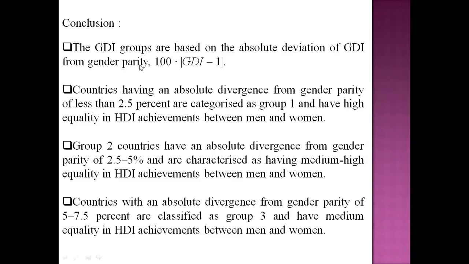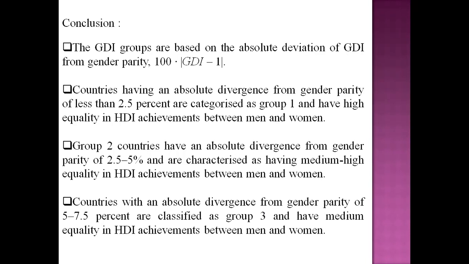Now we will see how to interpret this conclusion. As I already discussed, the GDI groups are based on the absolute deviation of GDI from gender parity or equality, that is 100 times GDI minus 1. Countries having an absolute deviation of less than 2.5% have a high equality in HDI achievement between men and women.